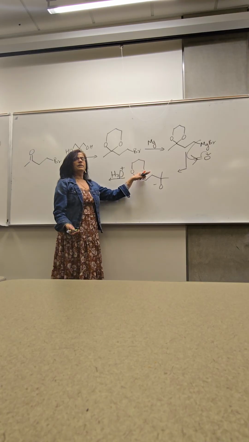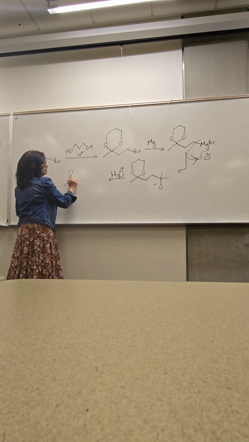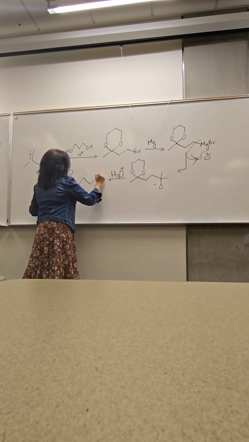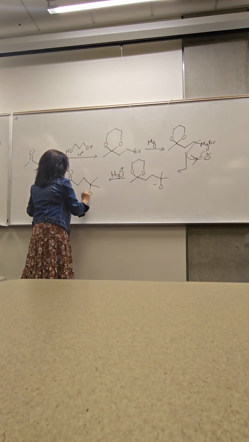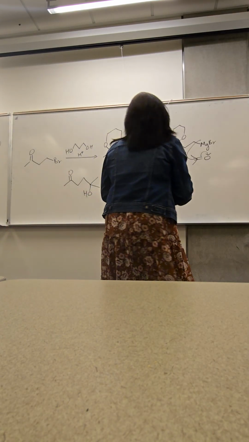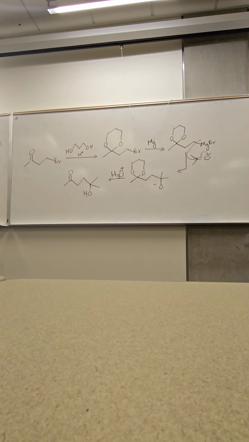It goes back to what it was, and the O minus gets protonated. So we use acetals in very creative ways to achieve reactions which otherwise would be a problem. Acetals can be used to protect the aldehyde or ketone, and then you can deprotect it. Does that make sense, everybody?